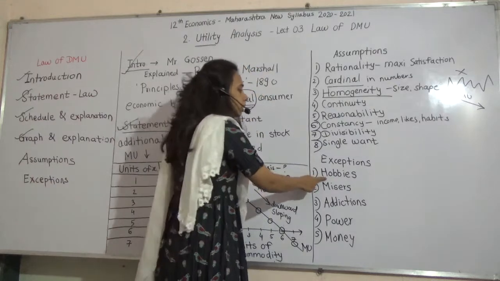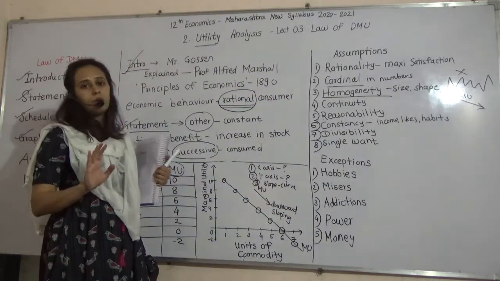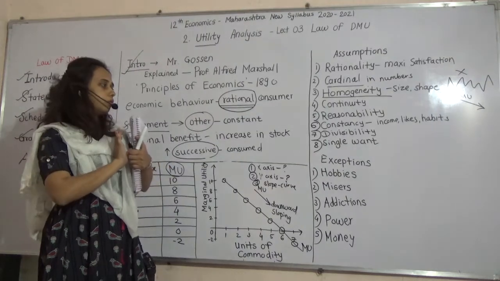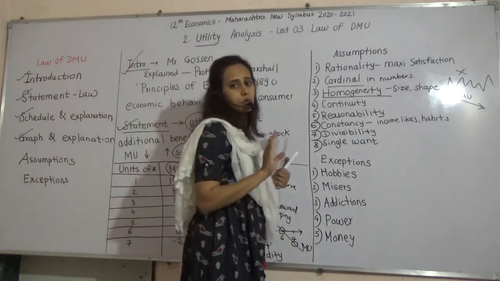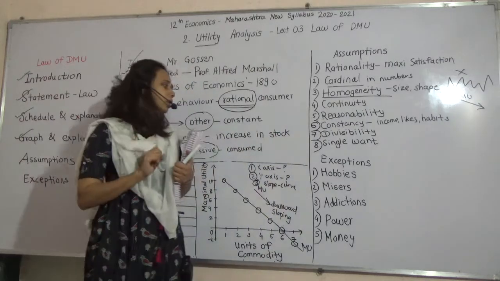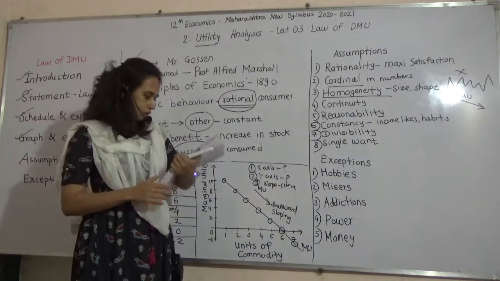So hobbies are the exception. Here you cannot say, no, I don't want anything, or I am satisfied, I don't want another book now. So in case of hobbies, this law is not applicable.